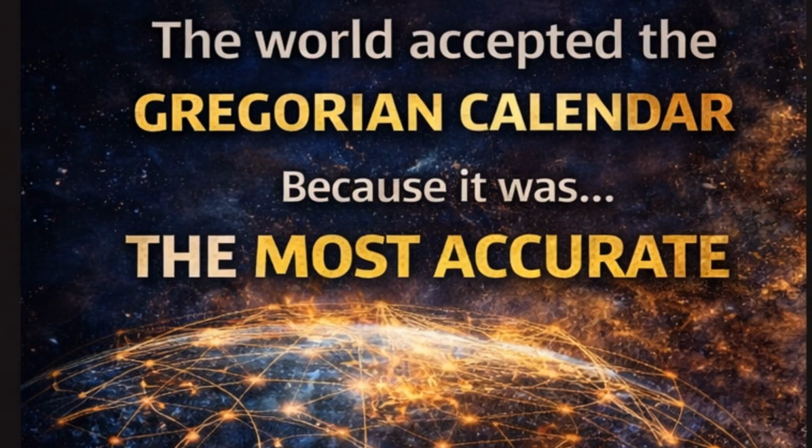As the world became more connected, having different calendars became a serious problem. Imagine trying to run international shipping, diplomacy, or business when your dates don't match. So slowly, country by country, the world accepted the Gregorian calendar. Some did it quickly. Others resisted. But in the end, the logic won.